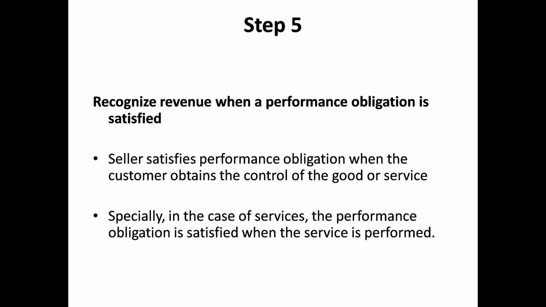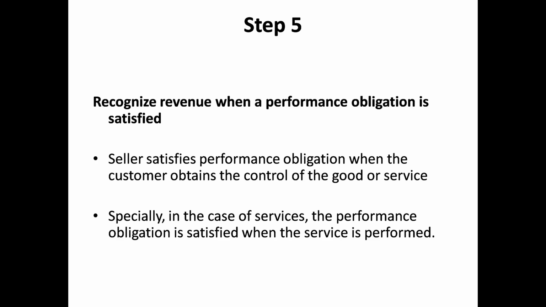Seller satisfies performance obligation when the customer obtains the control of the good or service. Especially in the case of services, the performance obligation is satisfied when the service is performed.